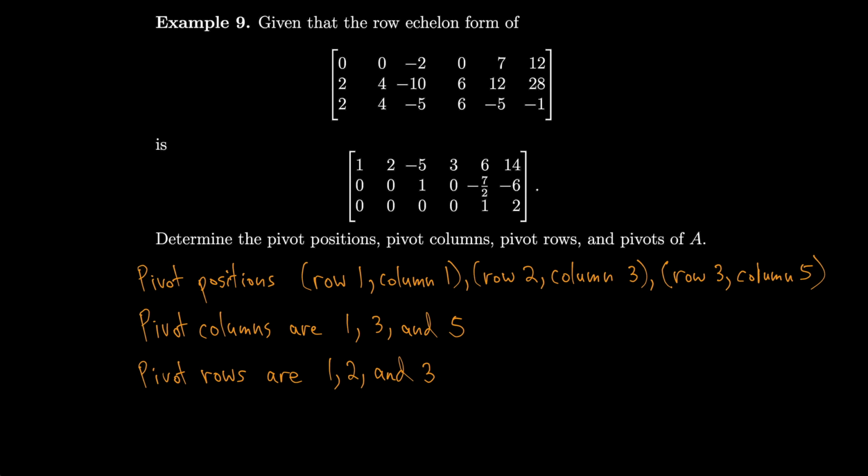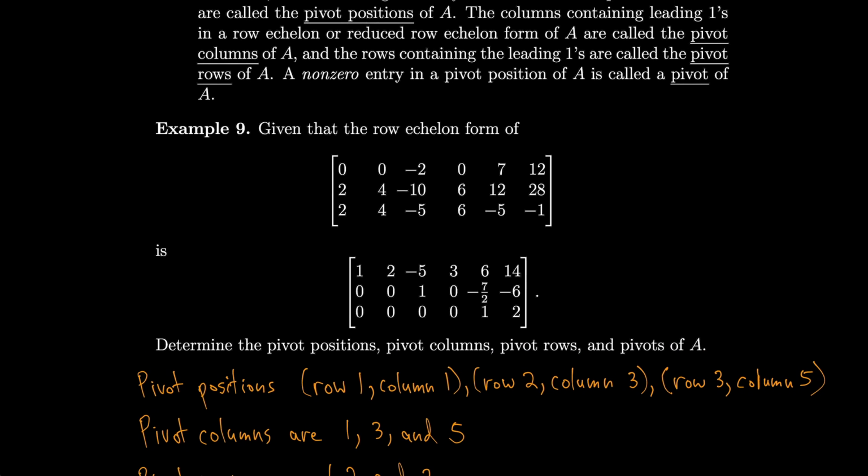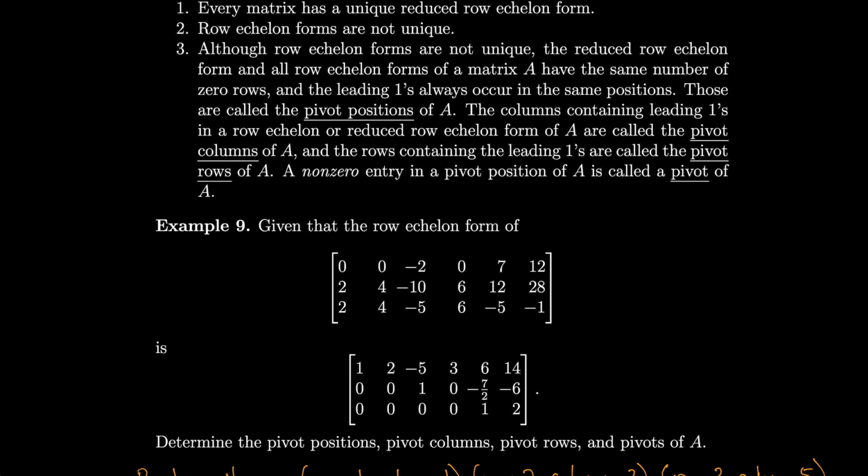Okay, so now what are our pivots? Well, we have to look at where the pivot positions are. We've got them over here, here, and here. Well, let's go back to our definition for a second. The pivots are non-zero entries in a pivot position of A. So we look at the pivot position, we look at the corresponding entry, that's 0, so it's not a pivot.